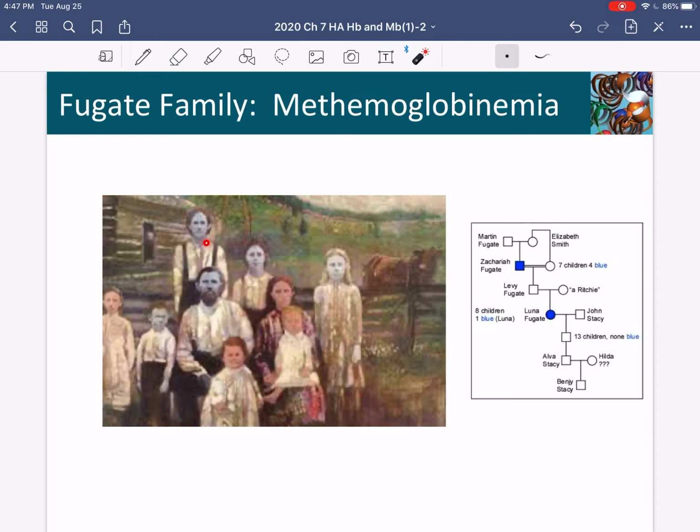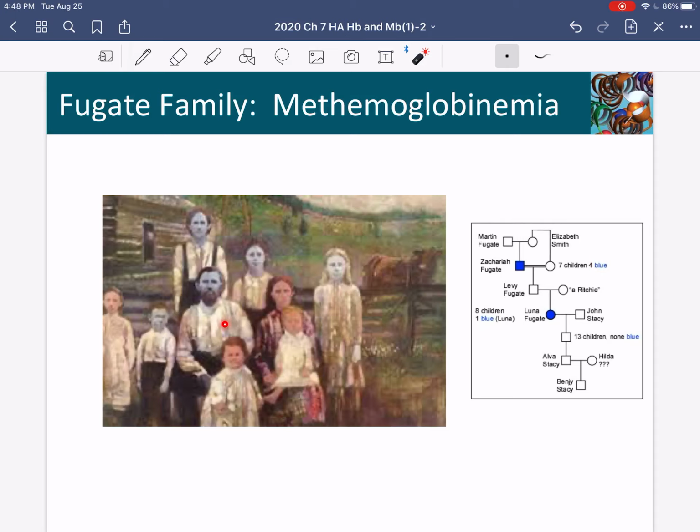And what happened in the family in this mountain part of Kentucky was a little bit of inbreeding. That's what you're seeing right here. Martin Fugate's wife's sister married one of their sons, and they had 4 blue children, and that's the picture that you're seeing here. Here are the 4 blue children.